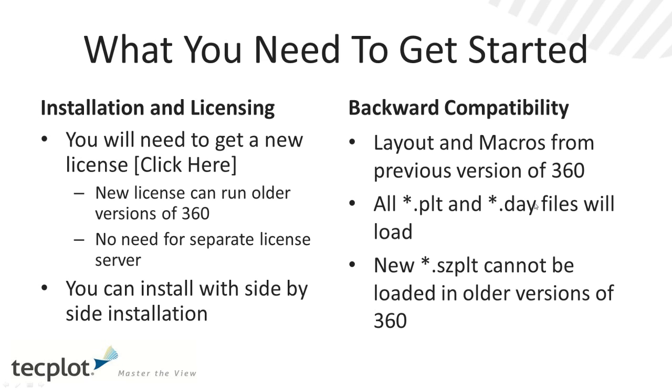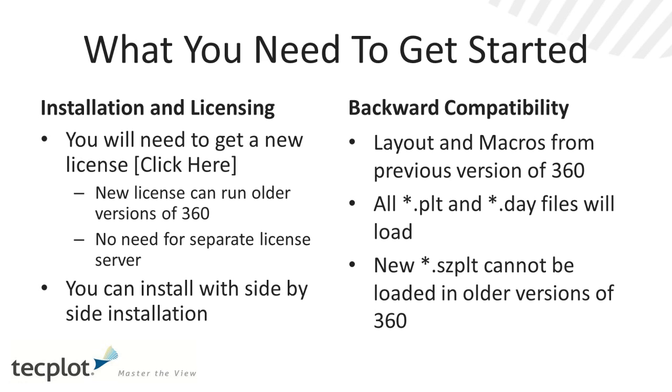PLT, and that should say DAT, but you know how Microsoft sometimes will change that. Those files will load, no problem. The new SCPLT format, which is the Subzone Load on Demand format, does have a limitation in that the loading capability is only available in EX. And so if you convert your data to SCPLT, you won't be able to load it in a previous version of 360.